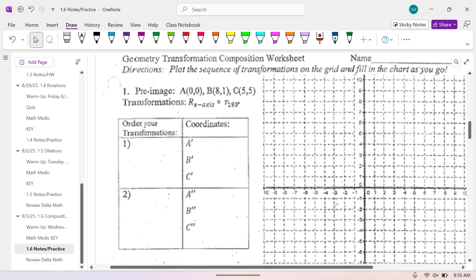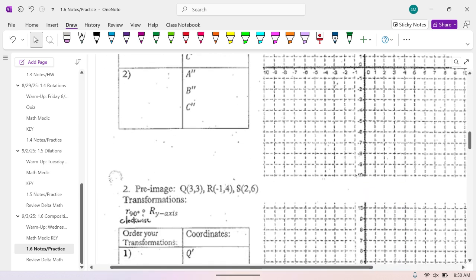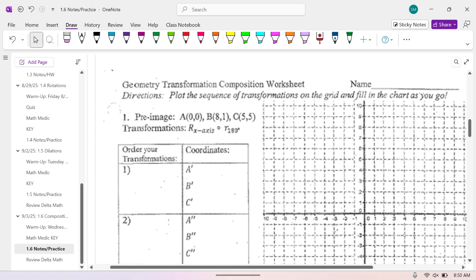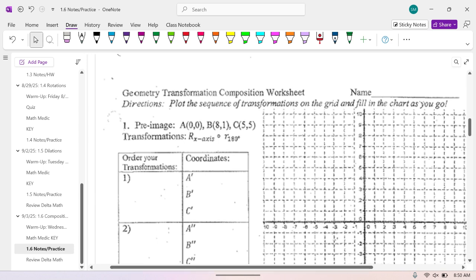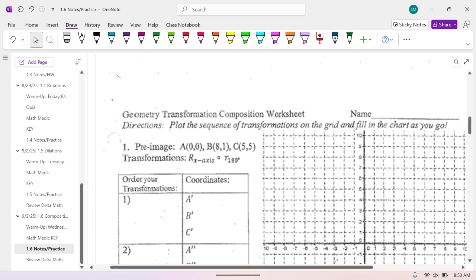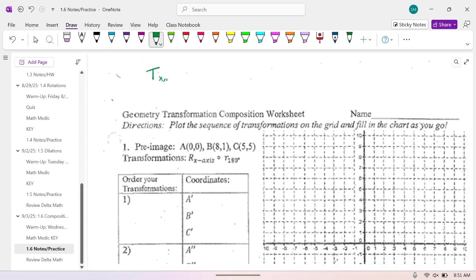So this is our transformations. Now they wrote them in their function notation. So remember, function notation T, it's like 2 numbers XY, or you may see it as T with the vector XY.